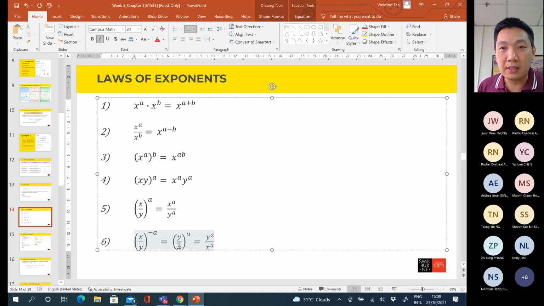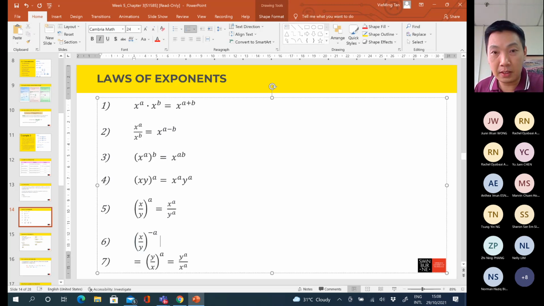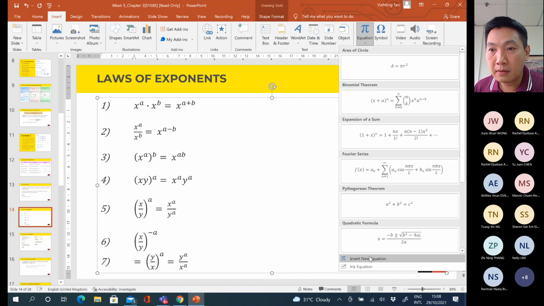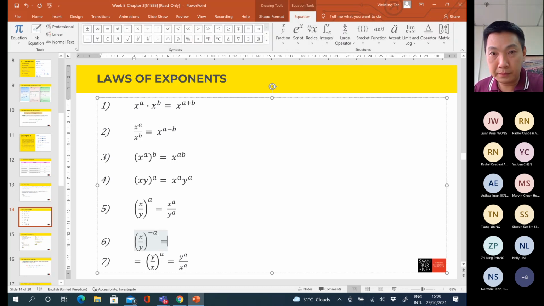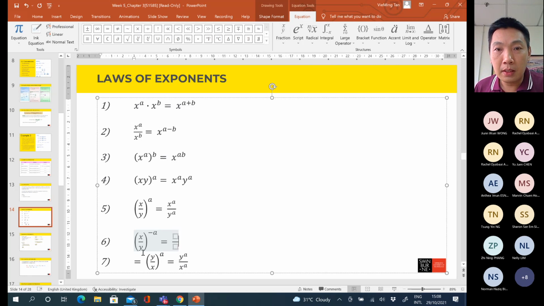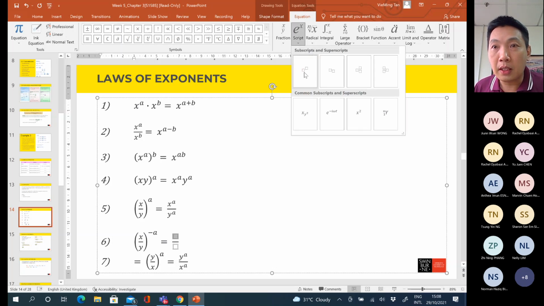If I want to simplify this, I put 2 layers. This one I can simplify using rule number 5, so this is x power negative a.